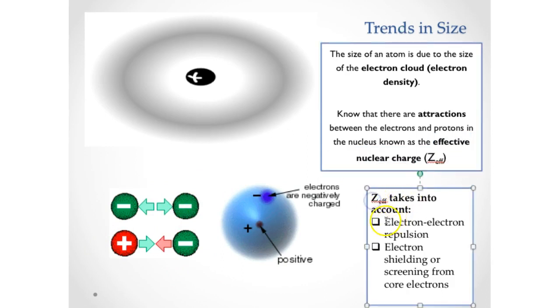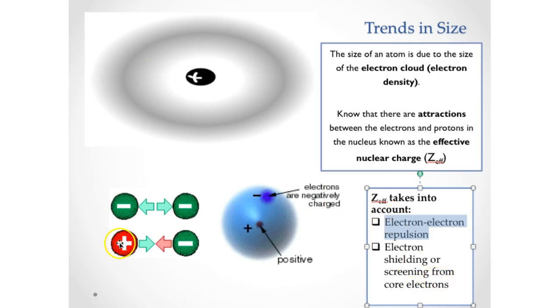ZEF also takes into consideration that electron-electron repulsion does occur. So yes, the more protons, the more electrons as well, and there are repulsions, meaning that the electrons repel each other, but at the same time, the positive charge is what matters more, and the larger the nucleus's positive charge, the more attraction, despite these repulsions on the electron clouds.